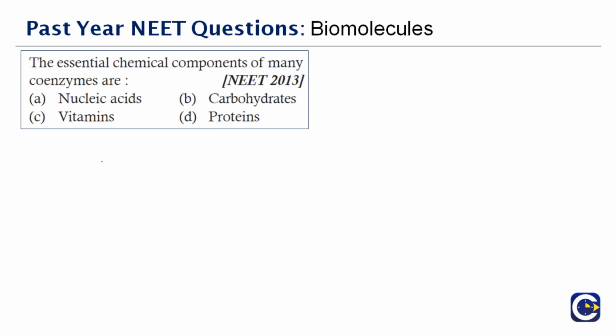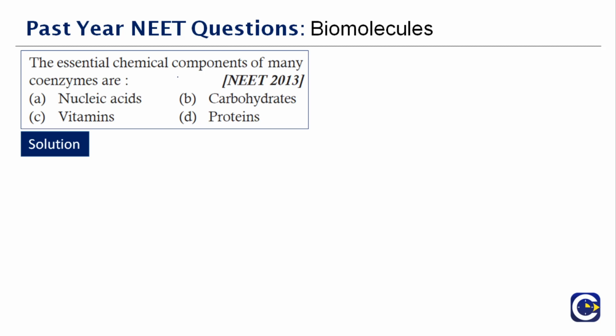Okay. Next question. This question was asked in the year 2013, the essential chemical components of many coenzymes. Easy question for you to answer. See, when we talk about what do you mean by coenzyme, first you need to tell me that. There is something in addition with the enzyme. That is, apart from enzyme, you also have something associated with it.